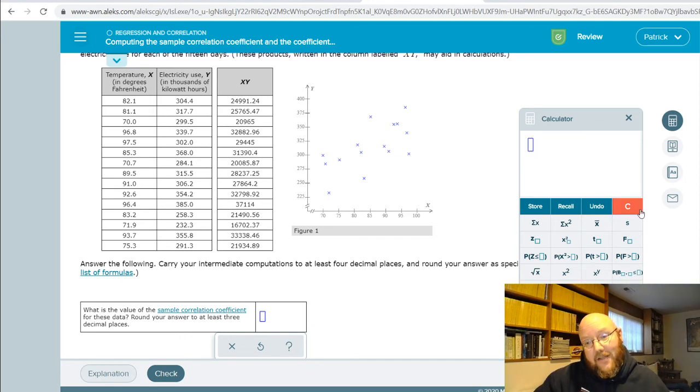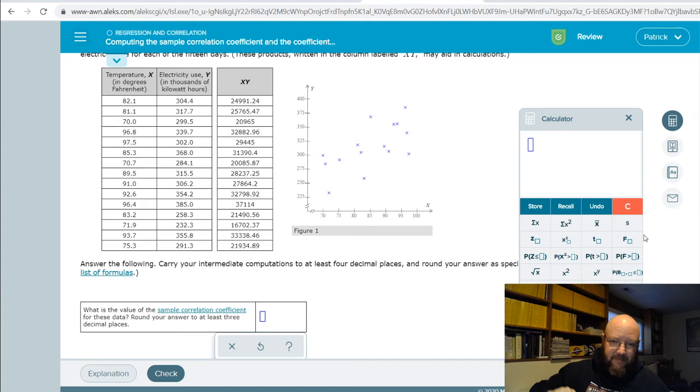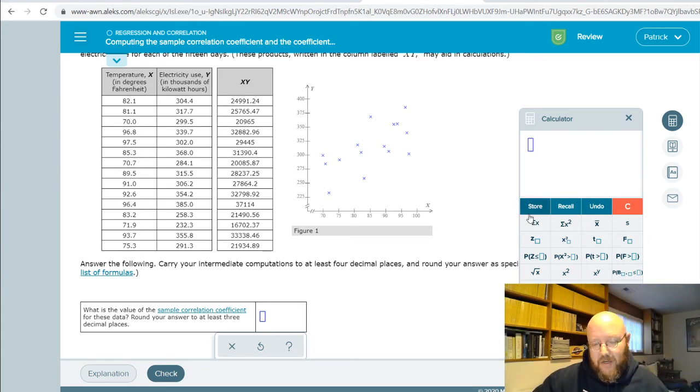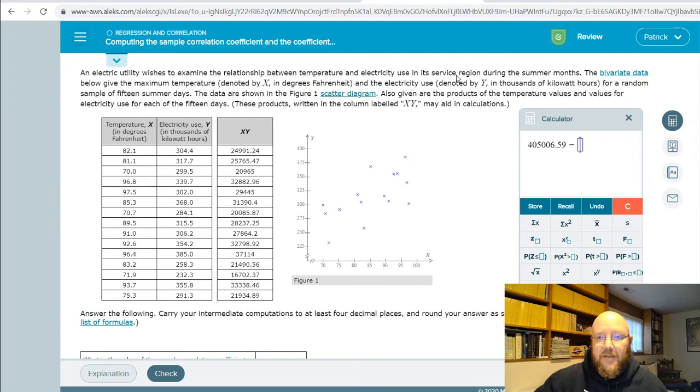Now let's punch all this into the calculator using this formula. The sum of xy was 405,006.59. Subtract n times x bar times y bar. n is how many are in the sample.